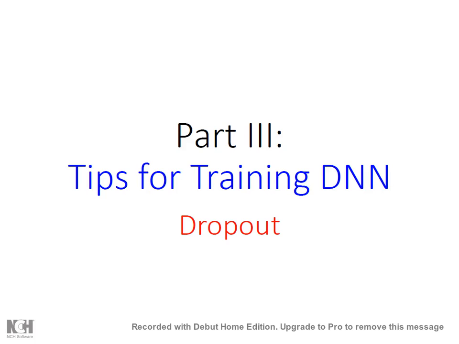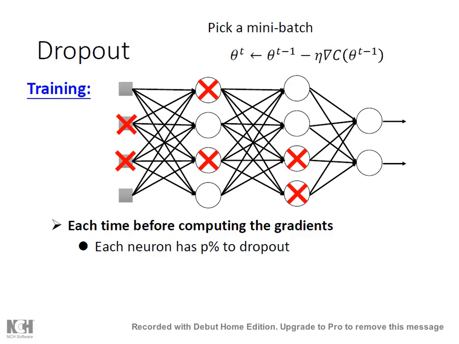And now we will talk about the next tip, called dropout. Dropout is also a very interesting idea. The idea is like this. Here we have our network architecture. Each time, before you compute the gradient, each neuron has p% chance to be dropped out.